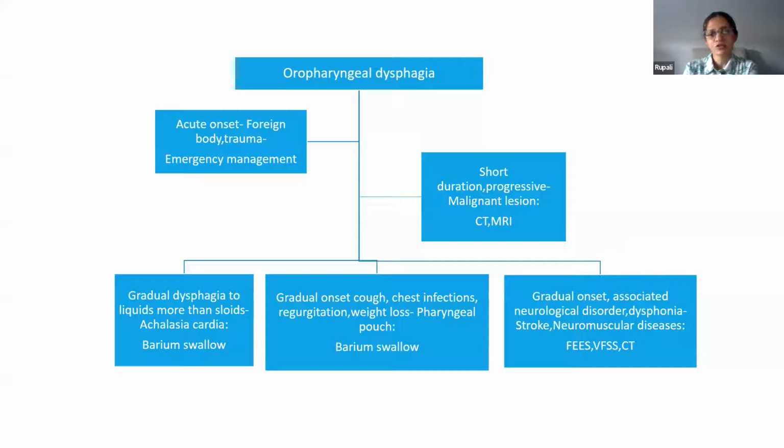If there is a gradual onset and dysphagia is more to liquids than solids, we suspect achalasia and barium swallow is useful. Again, gradual onset but with associated symptoms like regurgitation and respiratory infections, we suspect pharyngeal pouch and barium swallow is again useful. Gradual onset with other associated symptoms like neurological deficits or weakness, then FEES, video fluoroscopy, and CT scan are useful.